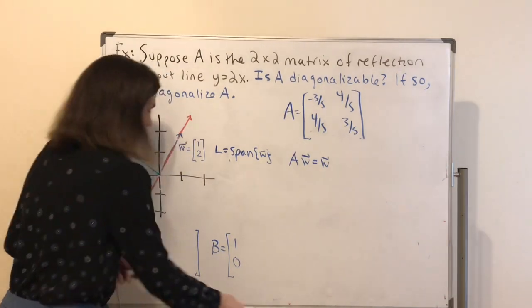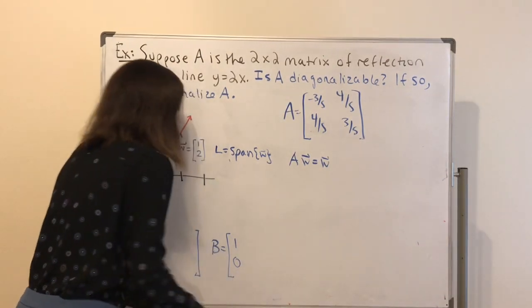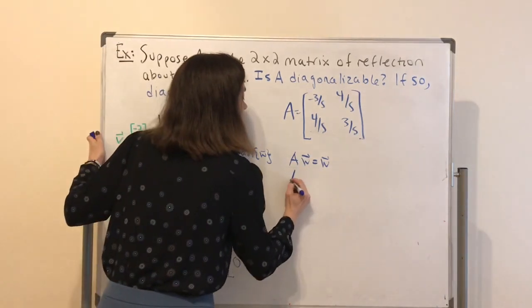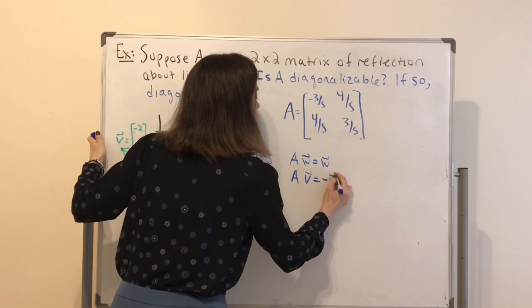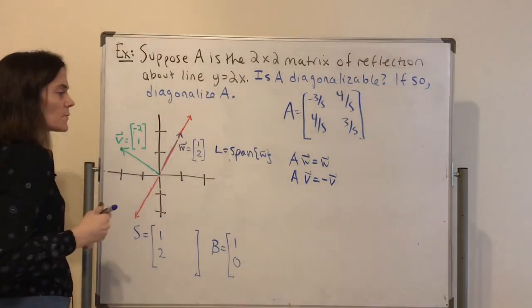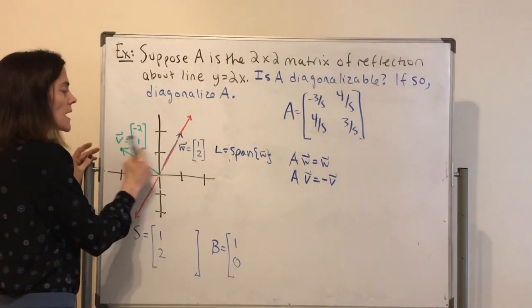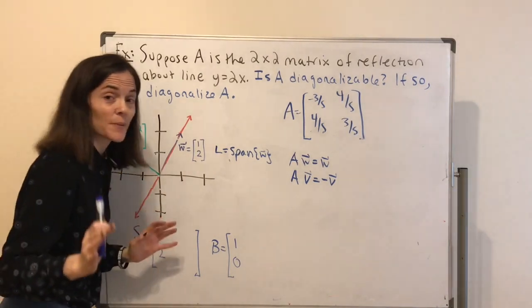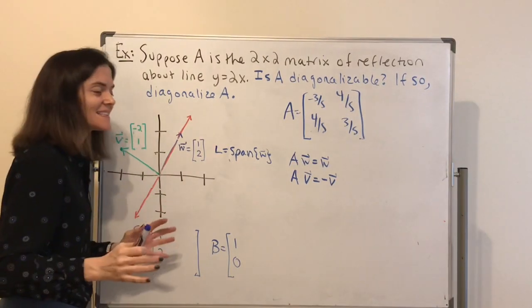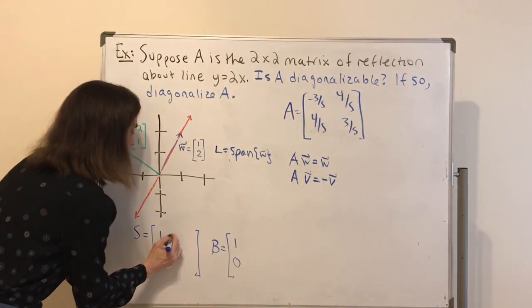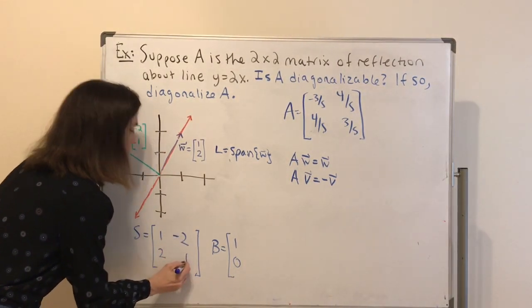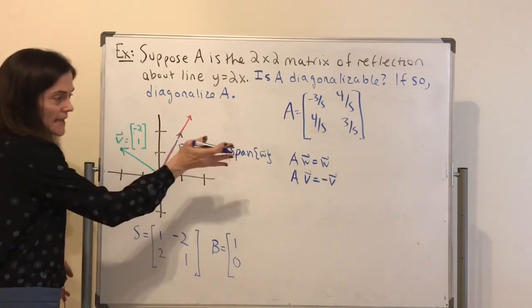So we have that AV is negative V for this V, and of course, this is not a multiple of this, so they're literally independent, which says we have found a second eigenvector for A. It's this one, minus 2, 1. And the eigenvalue is negative 1.